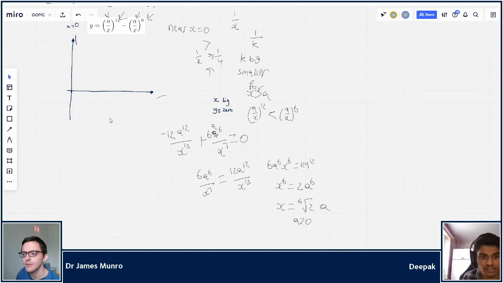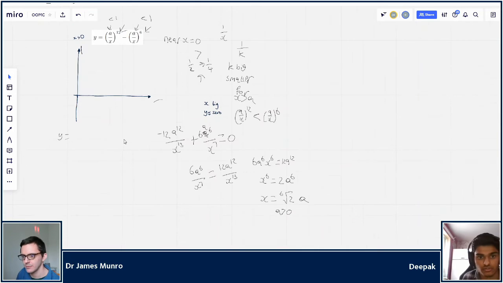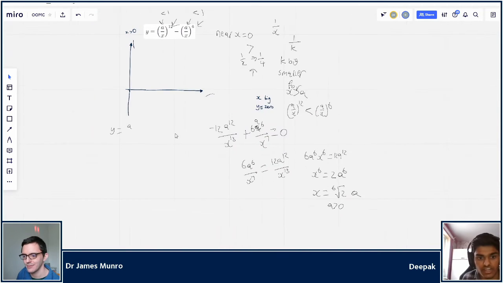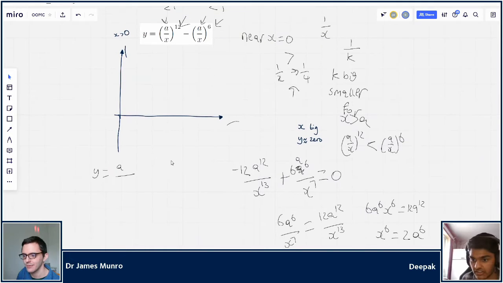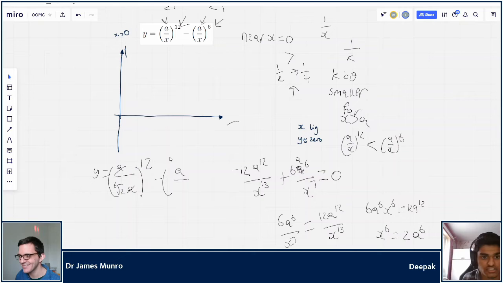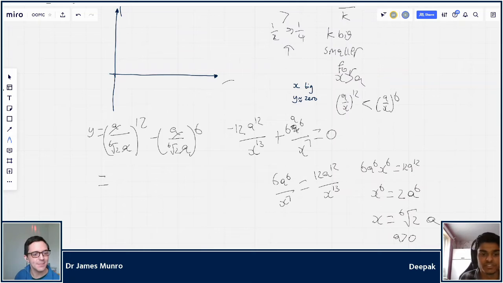So y is equal to a over x, and then x is going to be the sixth root of 2 times a to the 12. Luckily, these a's cancel, so this isn't as bad as I thought it would be. a over the sixth root of 2, and the a's cancel again, to the power of 6. So this is 2 to the minus 1 over 6. Absolutely nothing happened there.